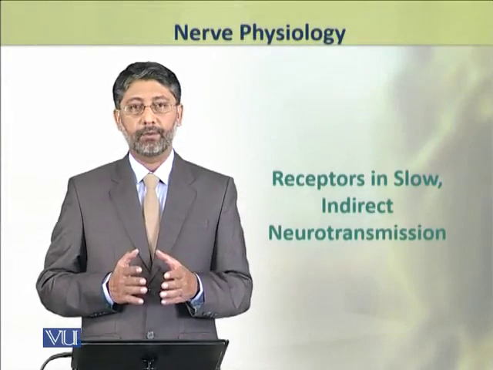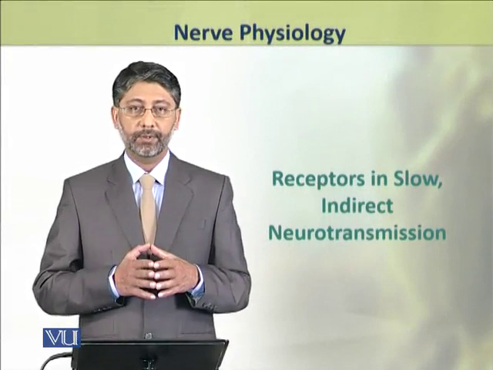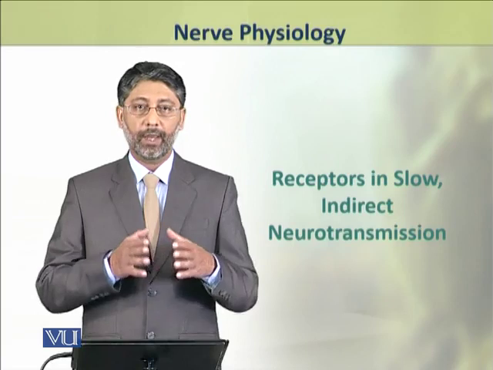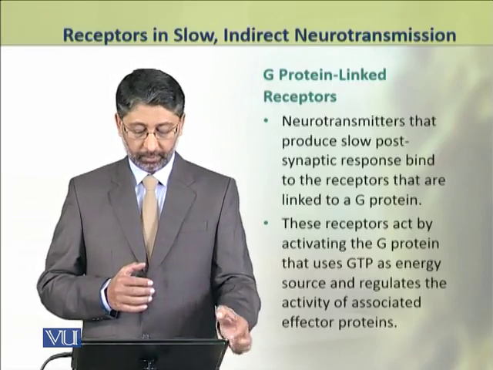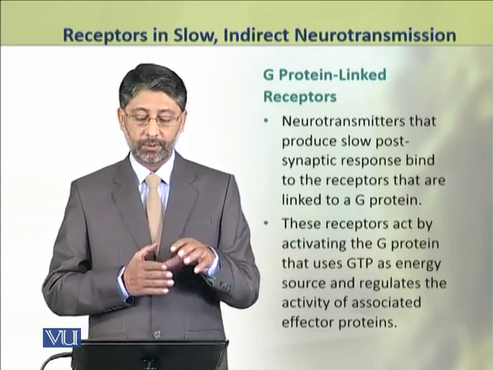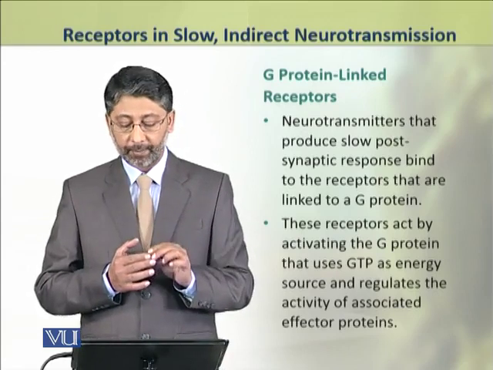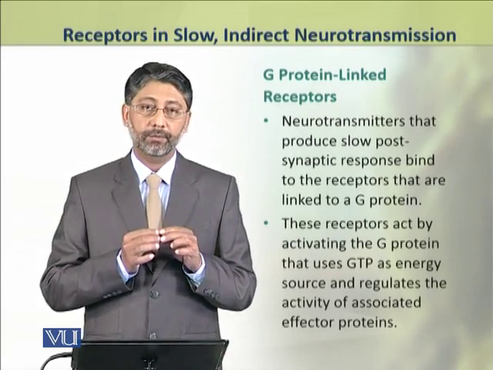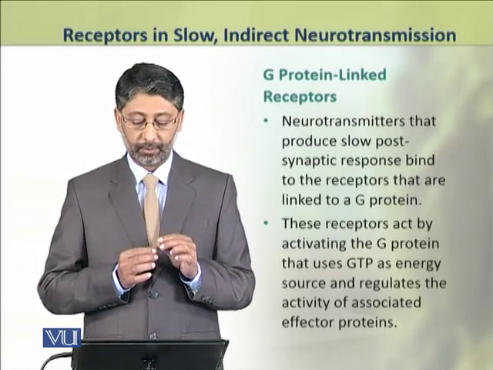Dear students, in this module we shall discuss the receptors which are involved in slow and indirect neurotransmission. The neurotransmitters that produce slow postsynaptic response bind to the receptors which are linked to G proteins.